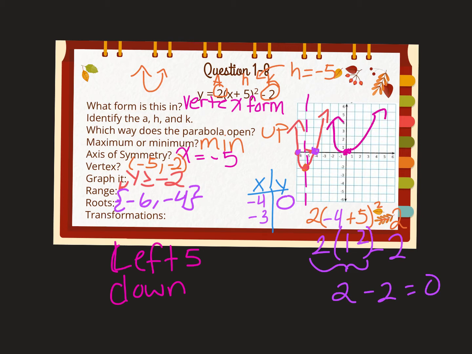So the vertex went down 2 and left 5. And because our a value, the number in front, is positive, we didn't do any type of reflection, but it is a vertical stretch. Let's move on to the next.